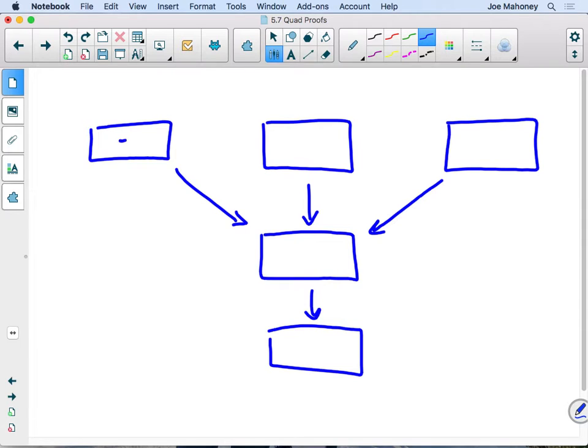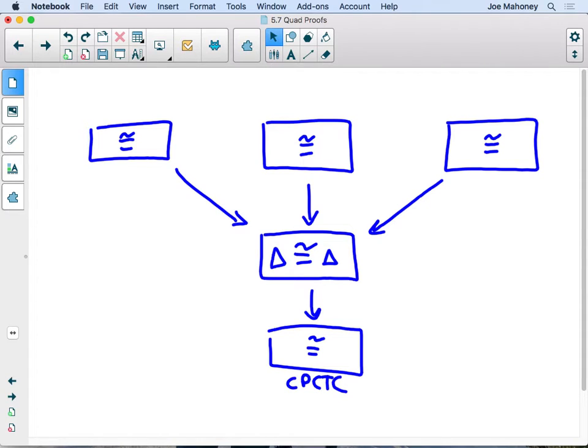What you have here is a congruency, a congruency, and a congruency. Those three make your triangles congruent. And then you're probably going to have another congruency by CPCTC. I tell kids that's what you're going to have all the time.